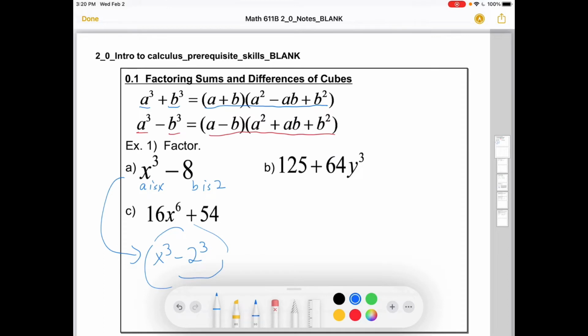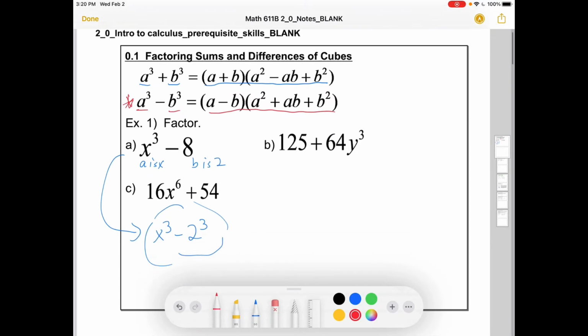And that would make me think of this one over here in red, the a cubed minus b cubed formula. So it's going to turn into a minus b, so that would be x minus 2. Remember, our a is x and our b is 2. And then we're going to have a squared, so that's x squared, plus a, which is x, times b, which is 2, plus b squared.